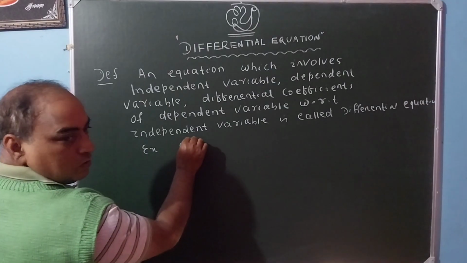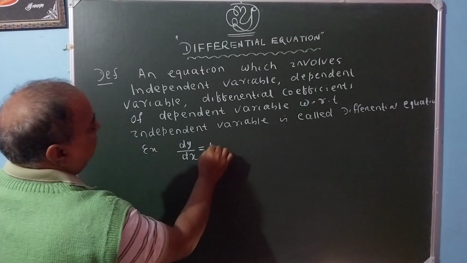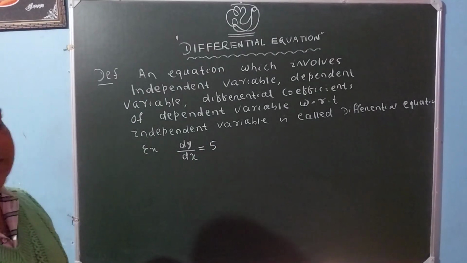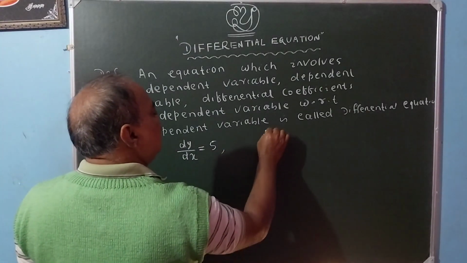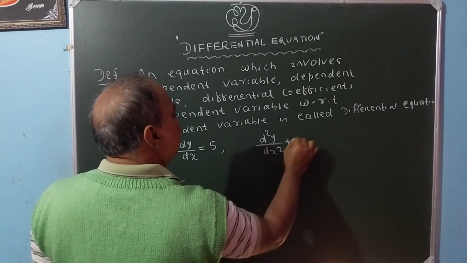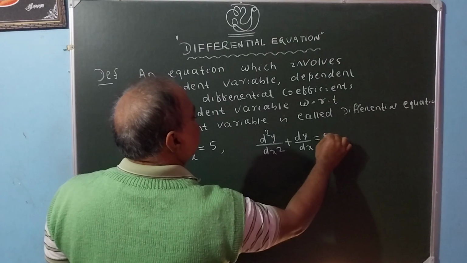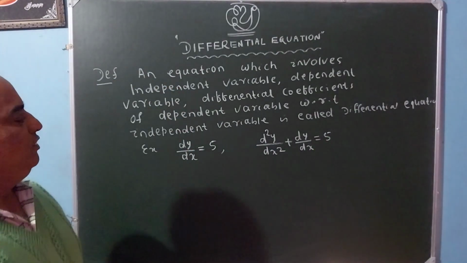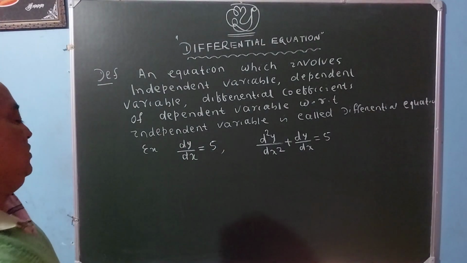So dy by dx is equal to 5. This is one differential equation. Another is d square y by dx square plus dy by dx is equal to 5. This is an example of differential equation.